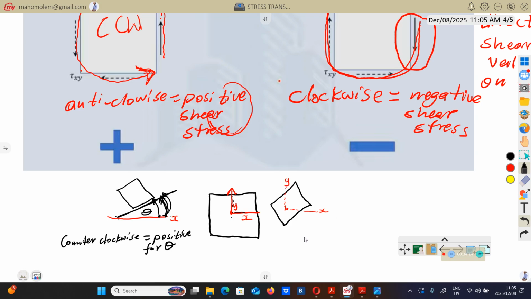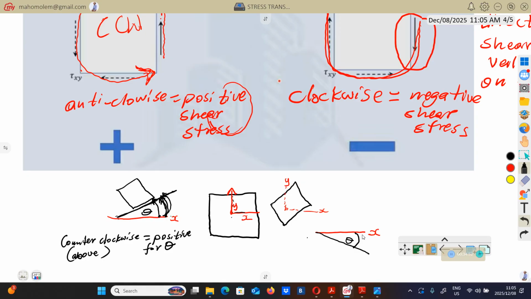So sometimes we are going to have, okay, this is the horizontal direction, x. Sometimes you are going to have the angle being measured like this. Theta will be like this. So when it's above, then theta is positive.